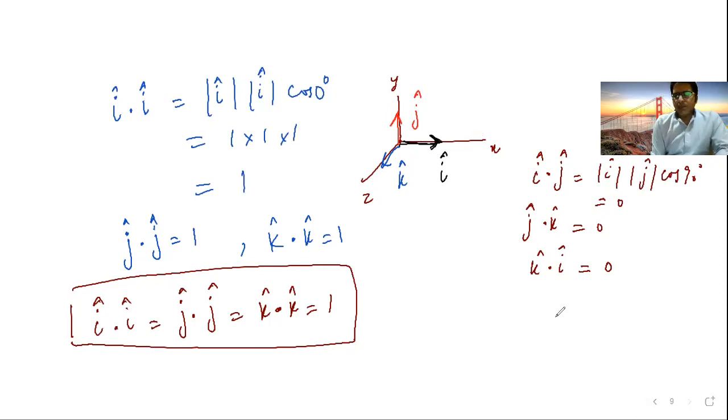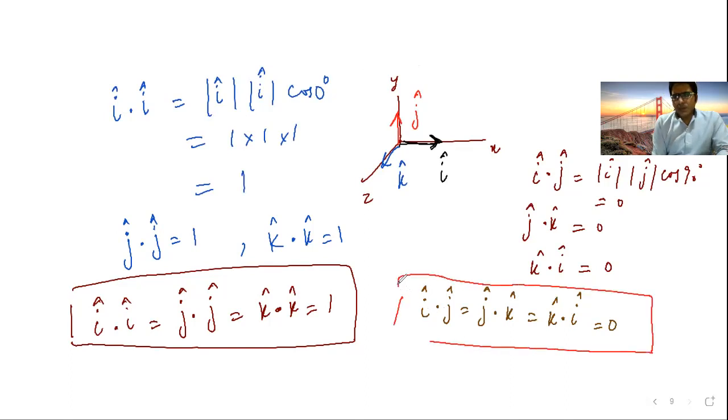So you can club them and write I dot j is equal to j dot k is equal to k dot I, and all are 0. So remember this thing also.